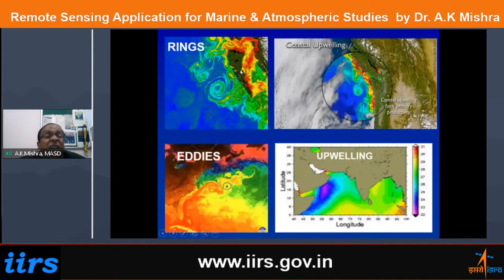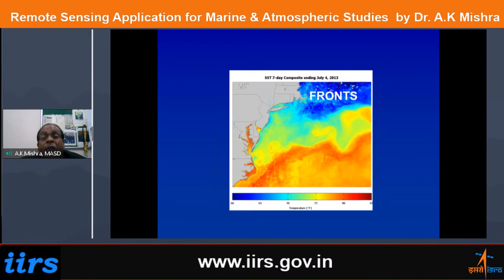These are the enlarged views of the parameters, and these are the rings, and these are the coastal upwellings. The rings are formed due to the ocean dynamics, and the coastal upwellings are formed due to coastal dynamics and the surface wind condition, etc. And these eddies and upwelling features can be extracted and supplied to the fisherman community for going to the particular spot and identifying the potential fishing zone.